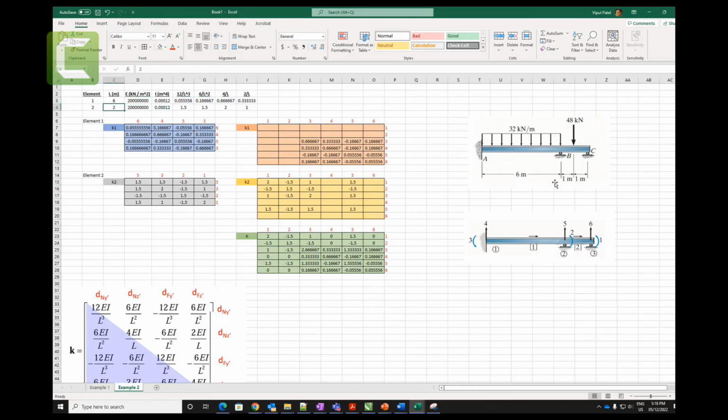Now the numbers here we wanted are 4, 3, 2, 5. That's okay. So we can change it here.